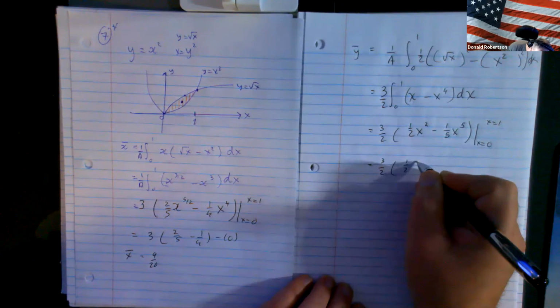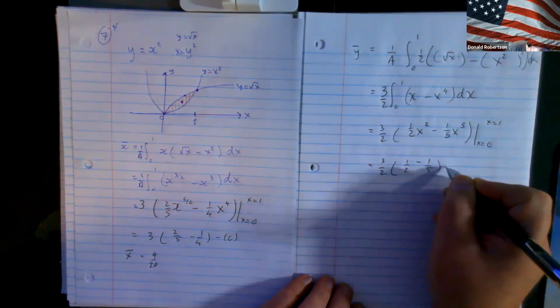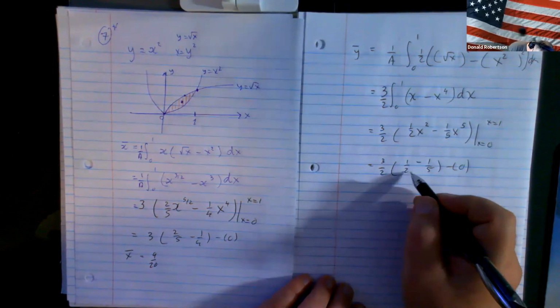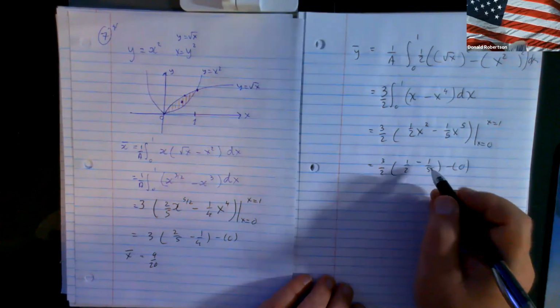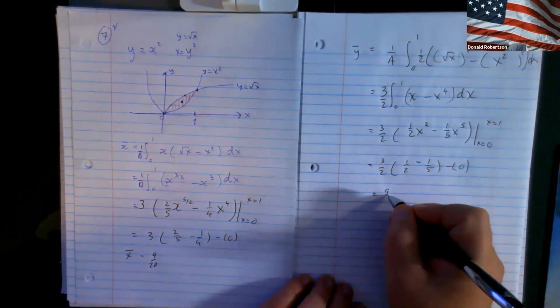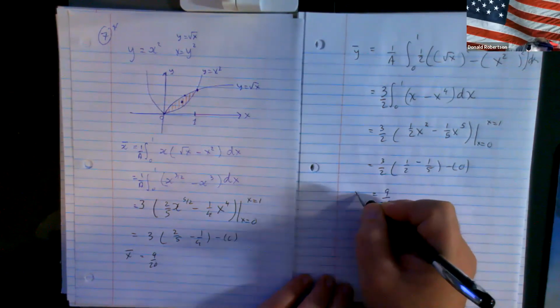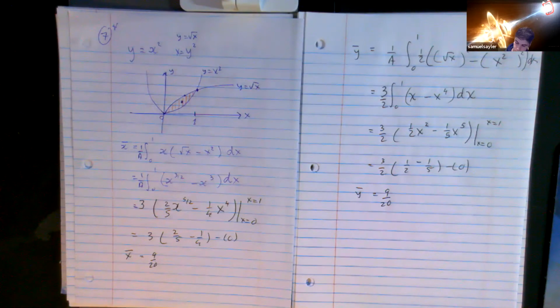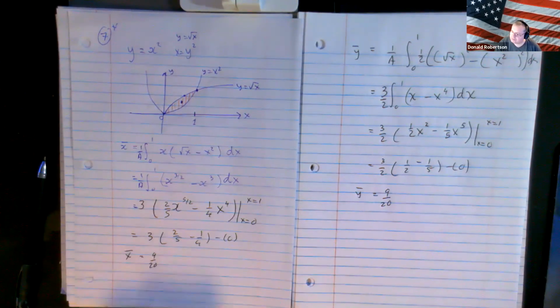One half, take away 1/5, minus nothing. That's 5/10, take away 2/10, that's 3/10. And the answer is 9/20. Yeah, that seems reasonable. It's in the right ballpark.